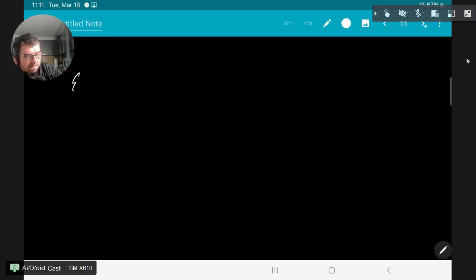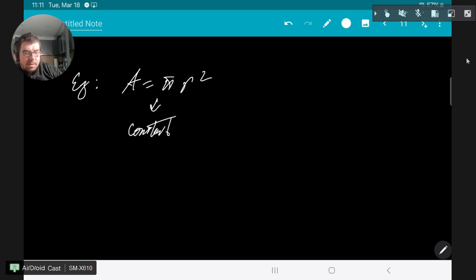Another example, again, A equals pi r squared. This is a constant. Now r and A are variables, and again, which of these two variables do I discover first? Do I find the radius first and then calculate the area of the circle?